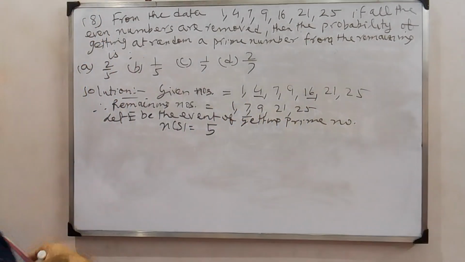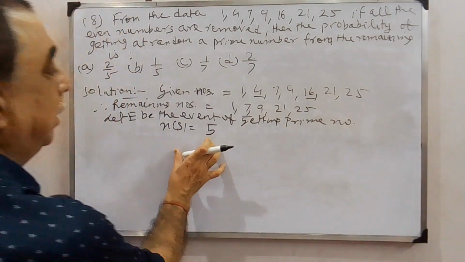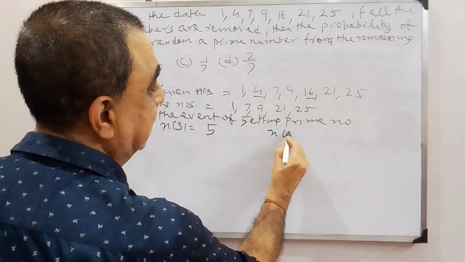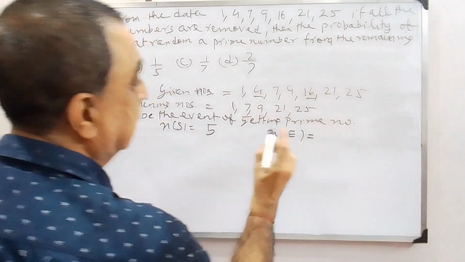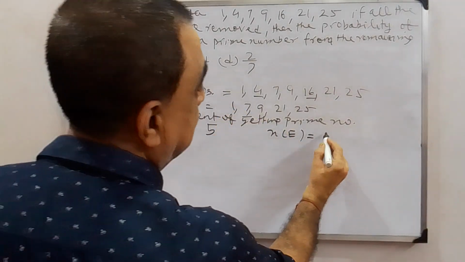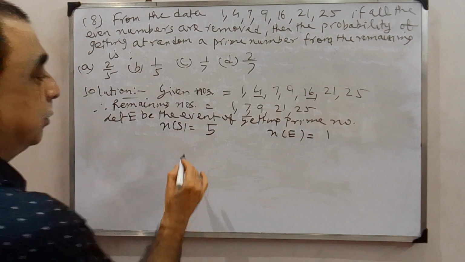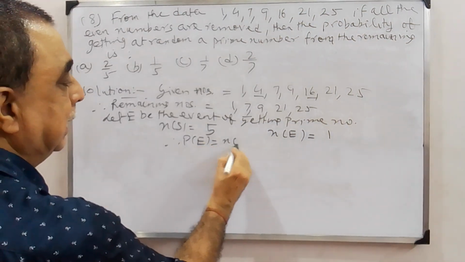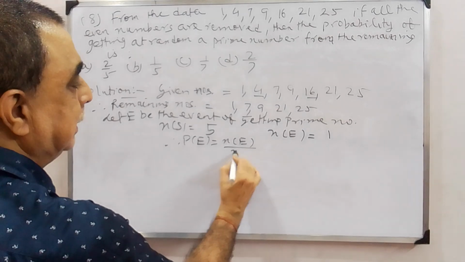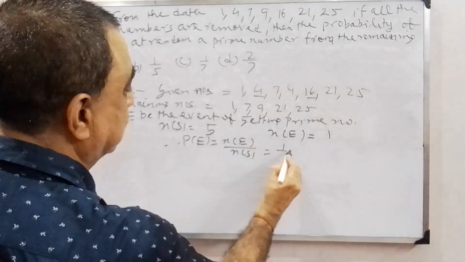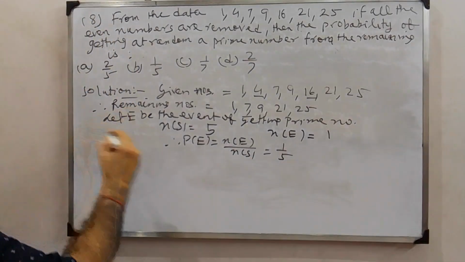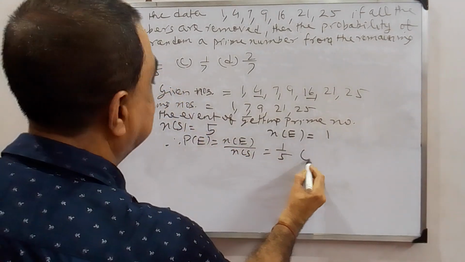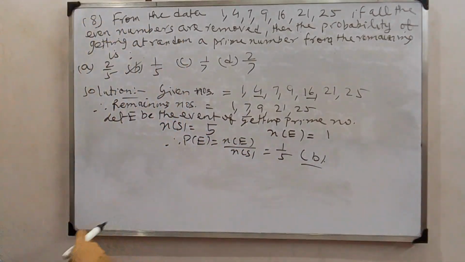And n(E), taking only a prime number, is possible in only 1 way. So P(E) will be n(E) divided by n(S), that is 1 by 5. So that is the correct answer. The answer B is the correct choice.